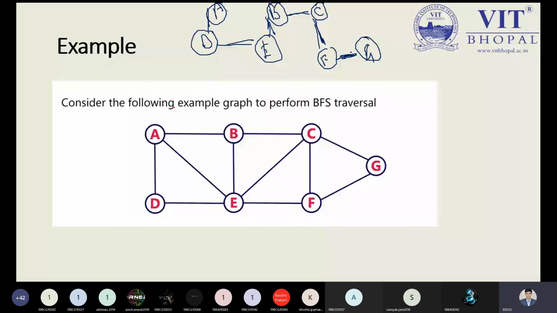And one important question I'm remembering over here while solving any problem from the graph: distinguish or differentiate between the BFS and DFS graph traversal techniques. So this kind of question may be asked in the examination: distinguish BFS and DFS through an example.